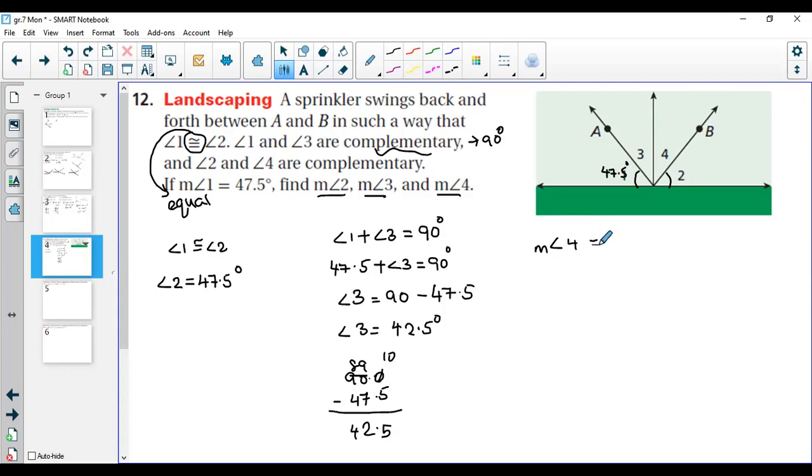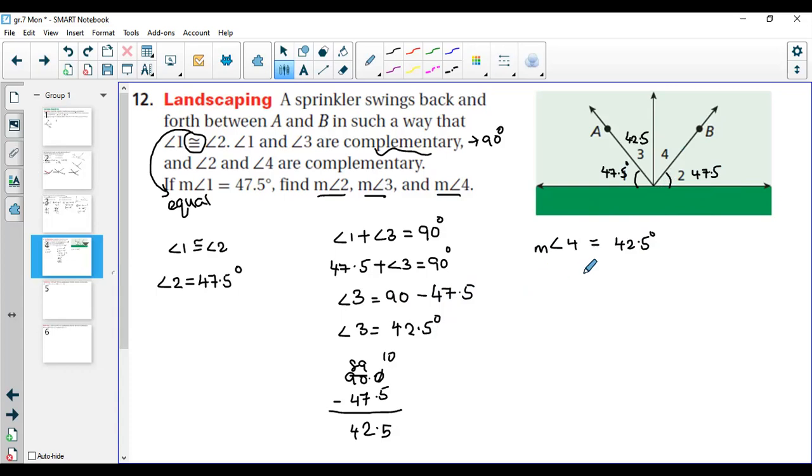Now that we have found angle 3 is 42.5, do I need to again subtract from 90 the 47.5, because angle 2 is 47.5 as well? Because they said angle 1 and 2 are equal. So just now we did this, 90 minus 47.5. So we can say angle 4 is also 42.5, the same answer.